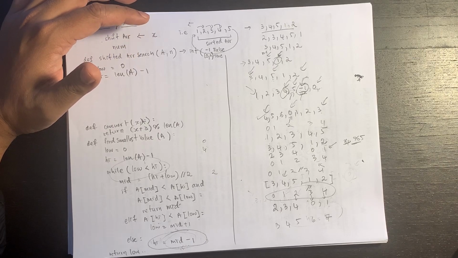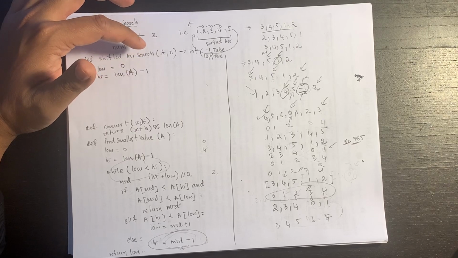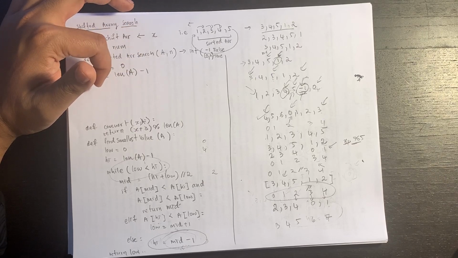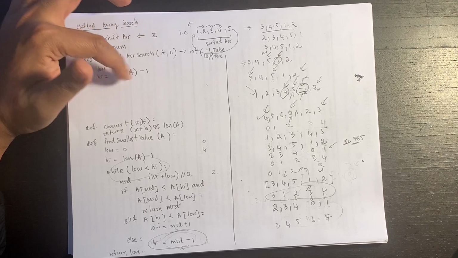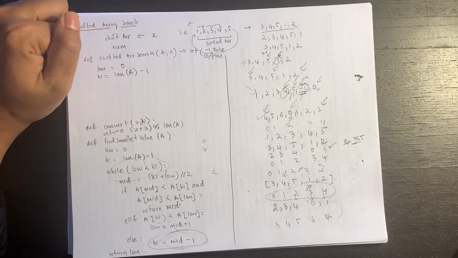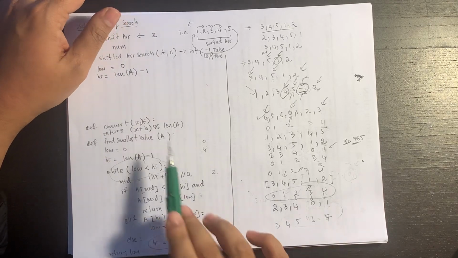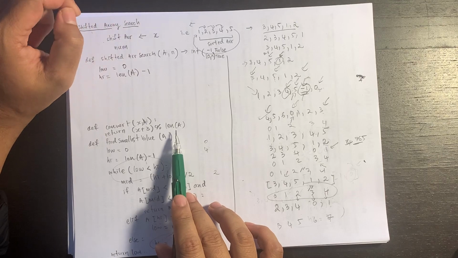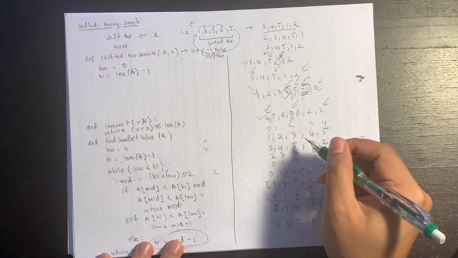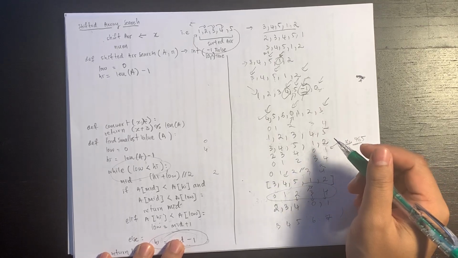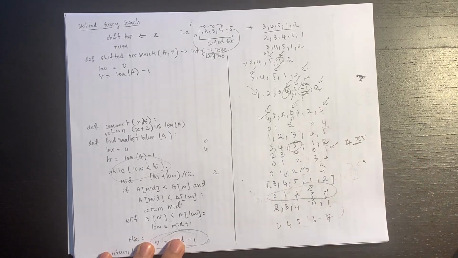Now we have another challenge. So in this case, our length would be 4 plus 3 is 7, mod by 5 would be 2, and it's right here.